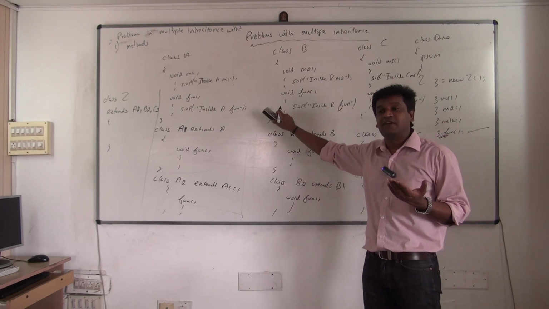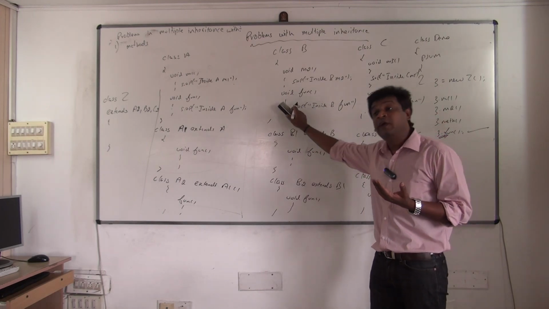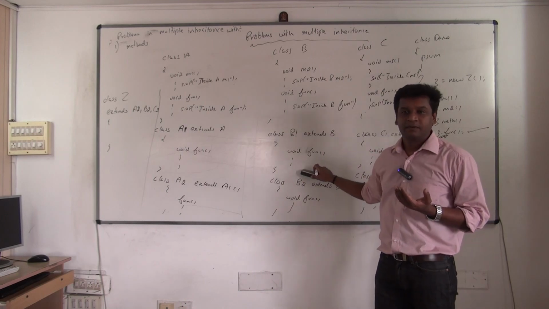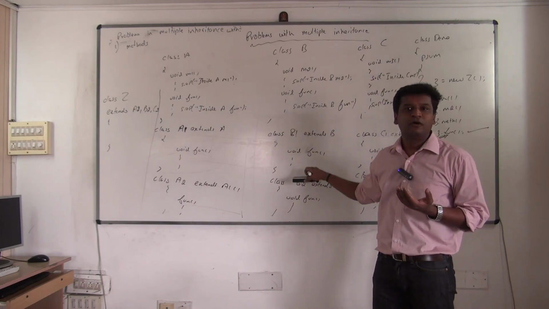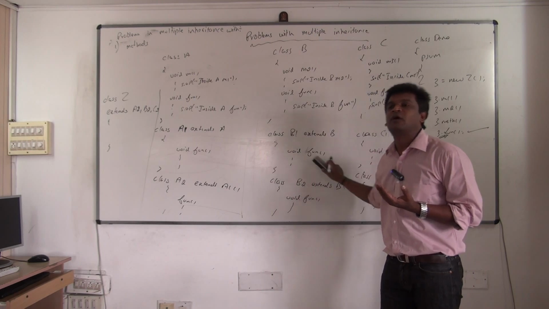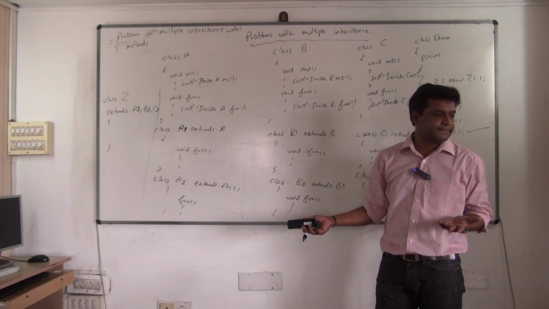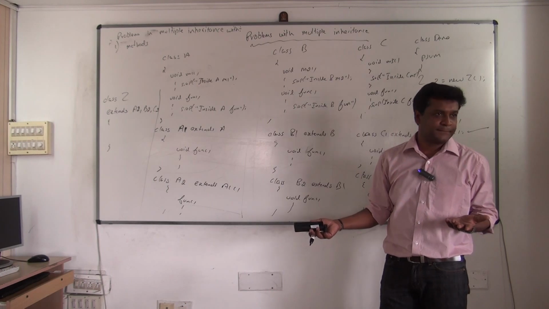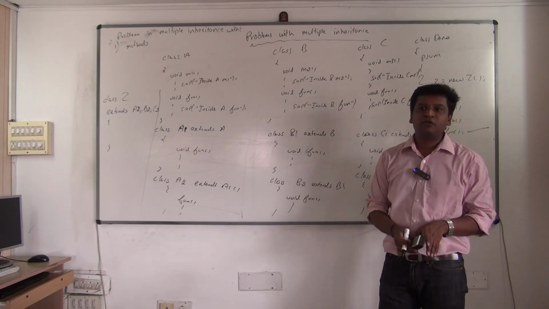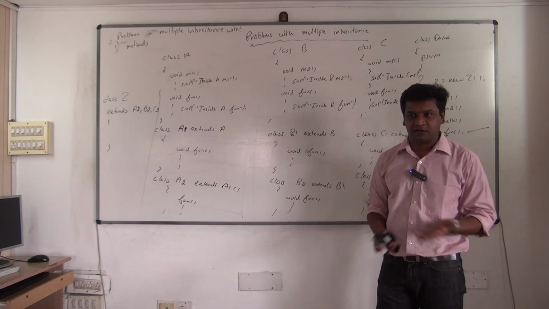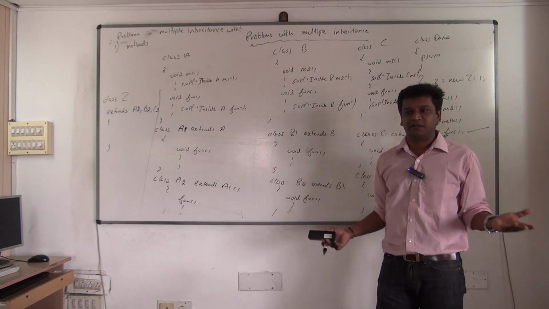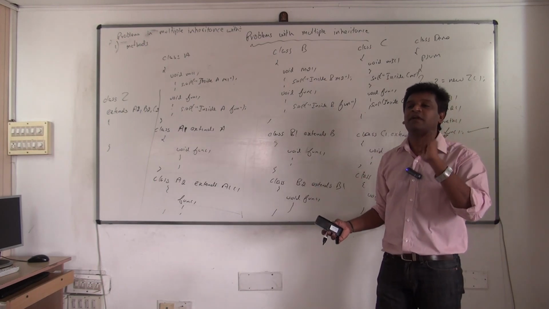Now, in the interface, what happens? All methods are abstract. We make it concrete. When you do the concrete implementation, only one concrete method is solving the problem for all the abstract methods. It's a common implementation for all. Understood? So even though you might have multiple abstract methods, for all of them there is only one common implementation.